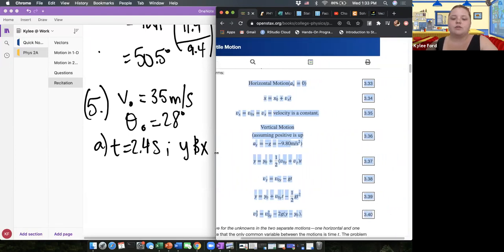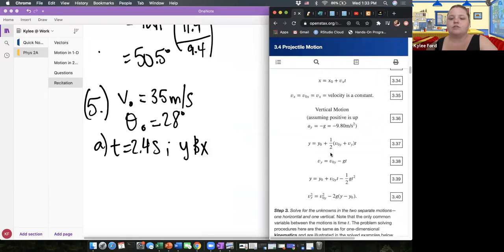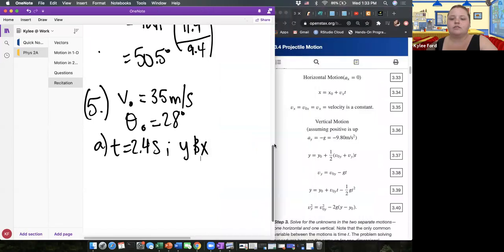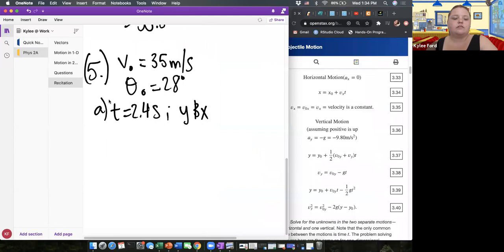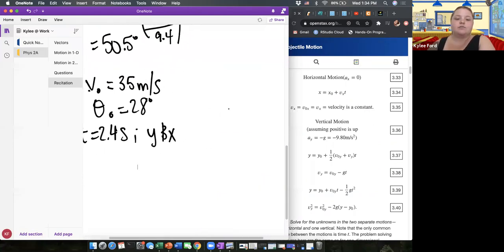So we're going to be using these equations a lot, so I'm going to keep them out here. So we have some initial velocity. And let me actually draw this out for you guys, because I think drawing these things is helpful.